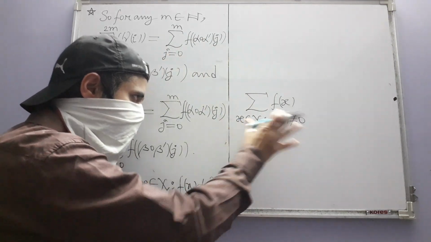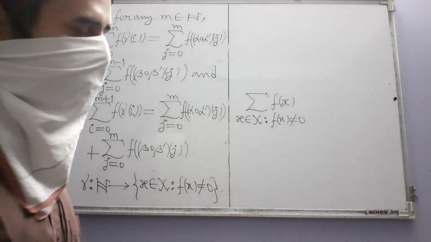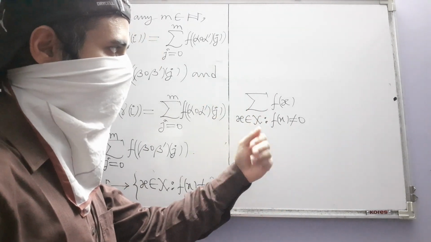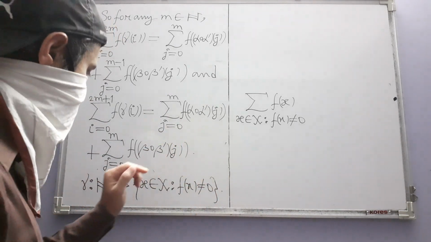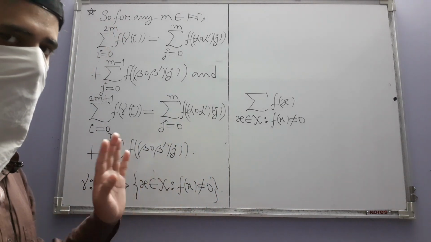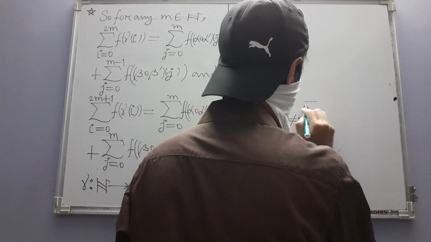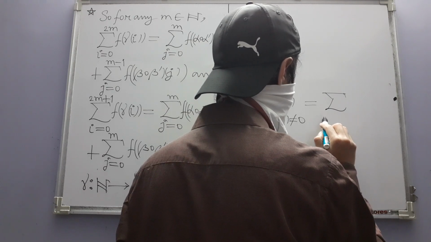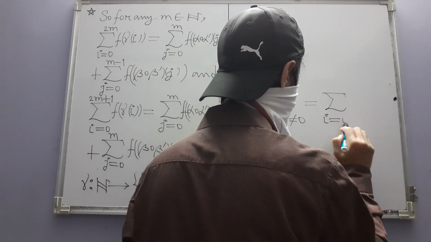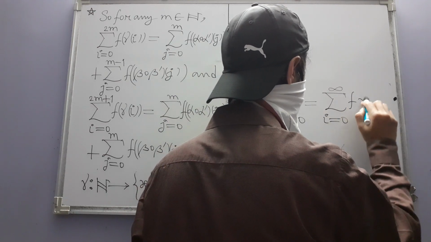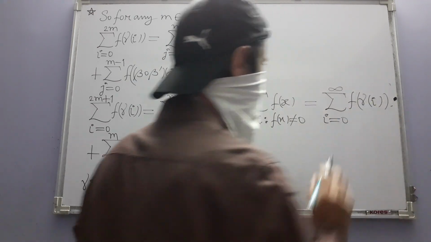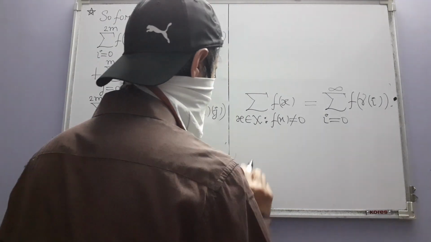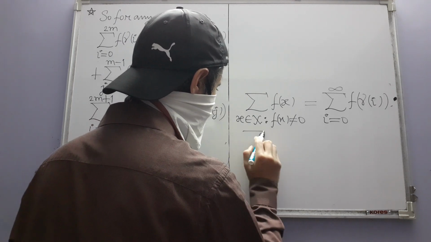We know that this set is countable. So if you have a bijection between this set and n, then you can turn this into an ordinary infinite series. That bijection is gamma for us. So that means, by definition, this becomes this infinite series. And similarly, you have the other two sums.